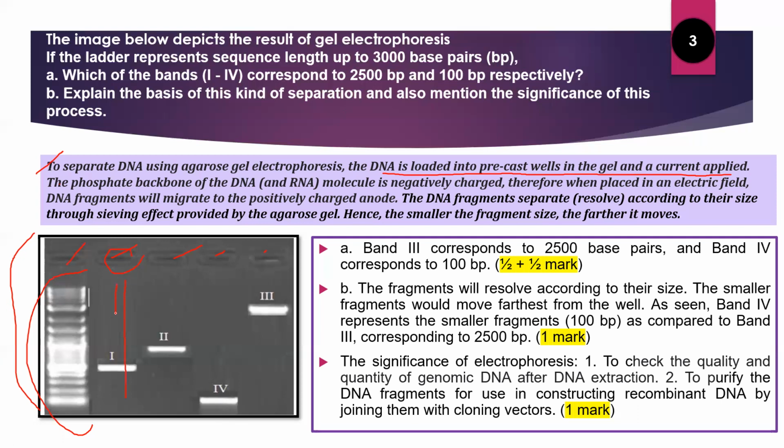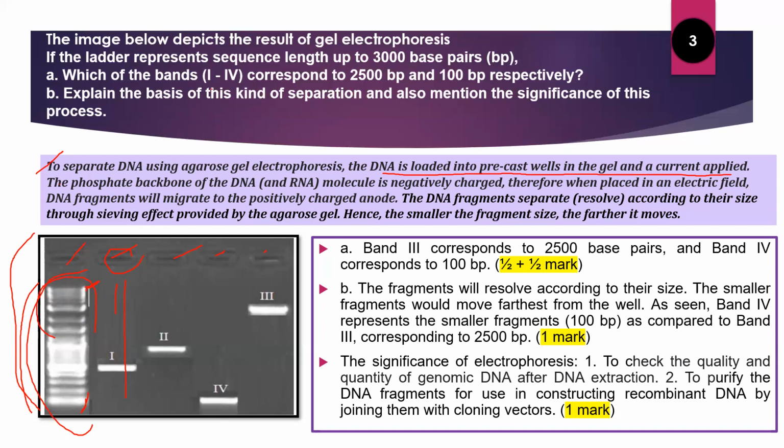Now here, the ladder represents sequence length up to 3000 base pairs. So these are small sequences and these are longer segments. So the length is 3000 base pairs.